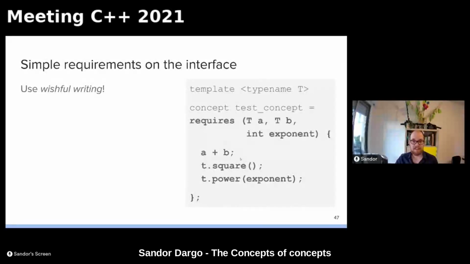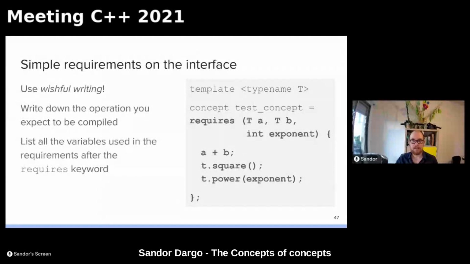Just write down in the body of the requires clause what operations, what function calls you expect to compile. What should be compilable? And in the parameter list of the requires clause, like it would be a function parameter list, you can just list all the types that you will need.